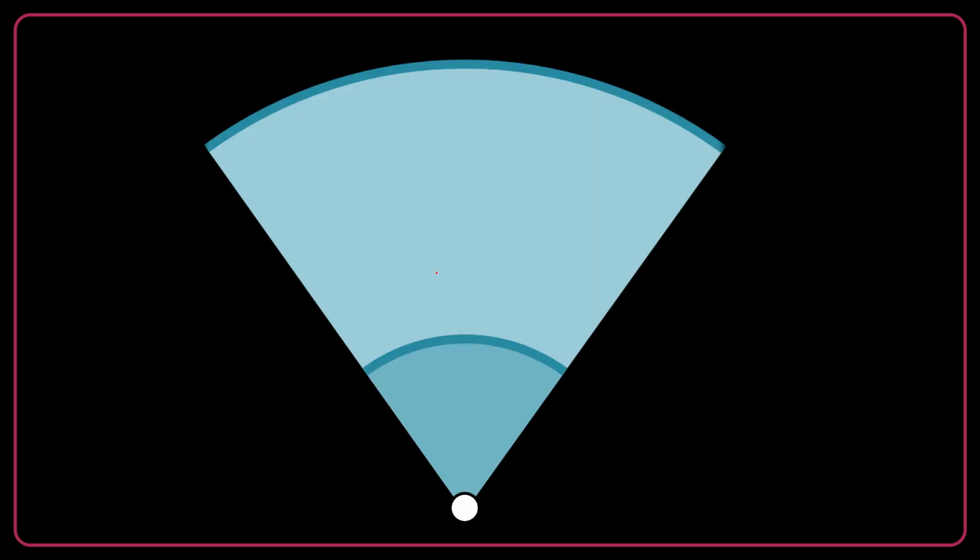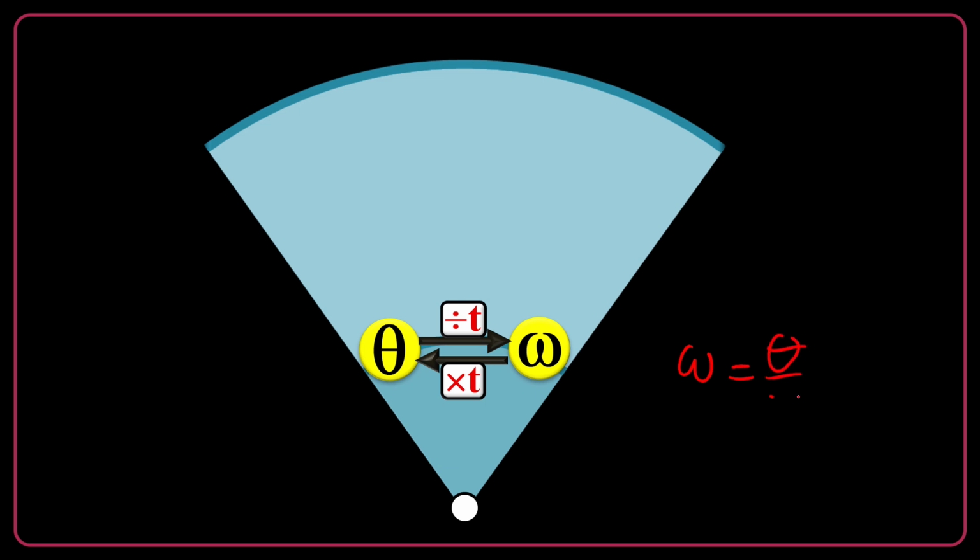Let's summarize our discussion and make a map. Here I have a sector of the circle. I have some angular quantities here, and here I have linear quantities. What do I mean by that? Theta, you know, it's the angle, so it's an angular quantity related highly to this circle. If I divide it by time, I will get omega because omega is θ over t.